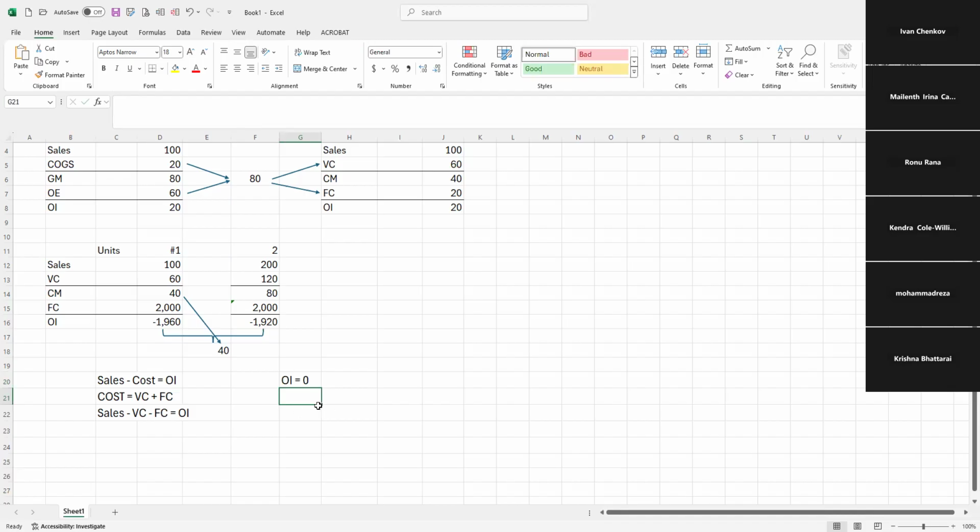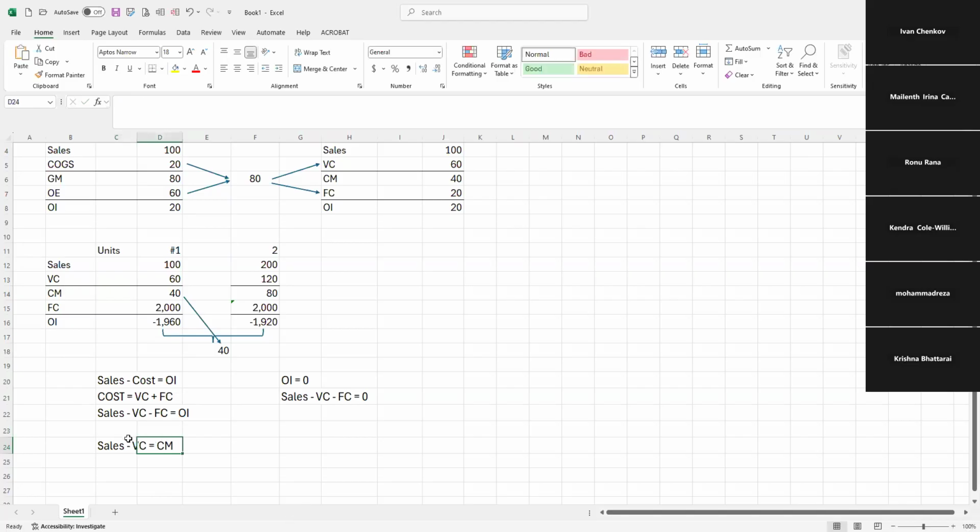Well, again, the sales minus the variable cost minus the fixed cost should be equal to zero. That's my break even. Let's see something else. Sales minus the variable cost, what's that going to give us? That was the first calculation, right? Sales minus the variable cost is going to give us the contribution margin, correct?